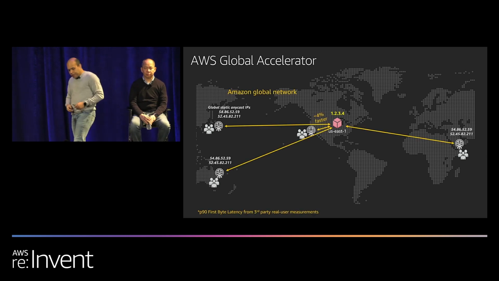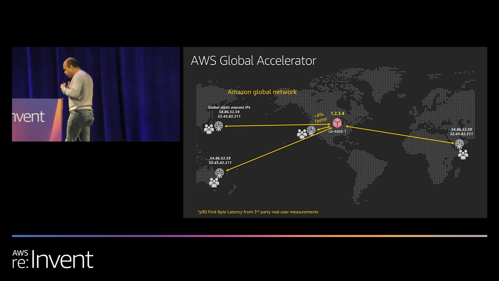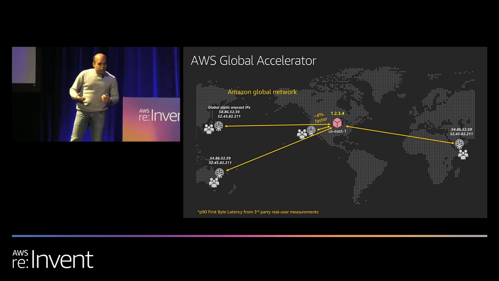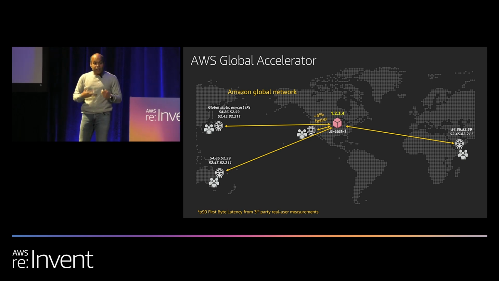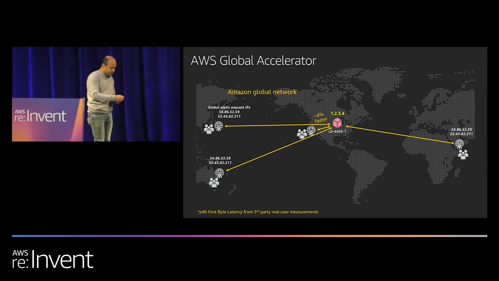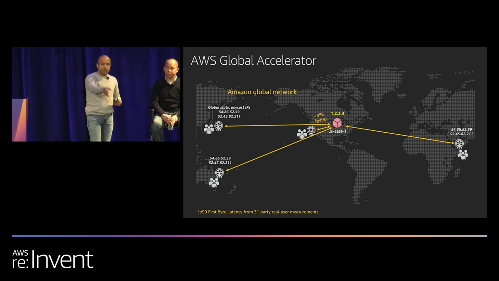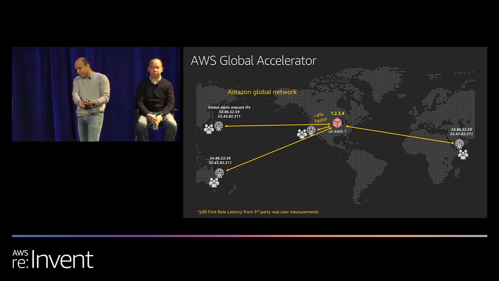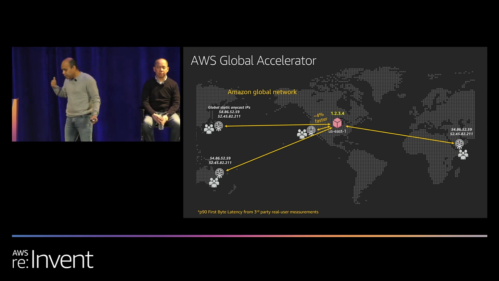With Global Accelerator, when you enable it on your web application, instead of using the EIPs that you're used to, Global Accelerator will allocate a set of Anycast addresses for you. And these Anycast addresses are advertised around the globe using our CDN network. Now what happens is that when your branch office or your on-premises network, even an IoT device, wants to talk to this web application, it does not traverse the internet completely to enter the AWS region.